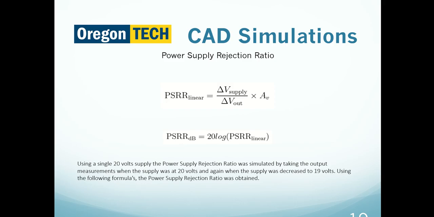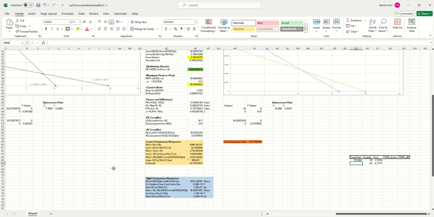Okay, so now we're ready to do the linear power supply rejection ratio. And so the formula for that is the change of the supply voltages over the change of the output times the gain. And to do that, I'm going to just write it out at first, just in case anyone's not familiar with Excel.